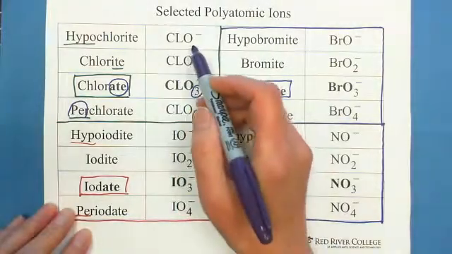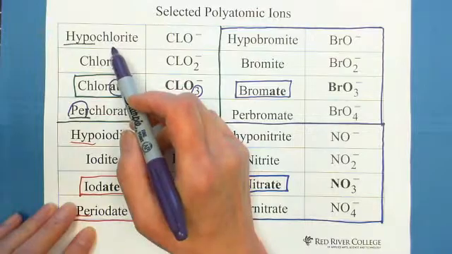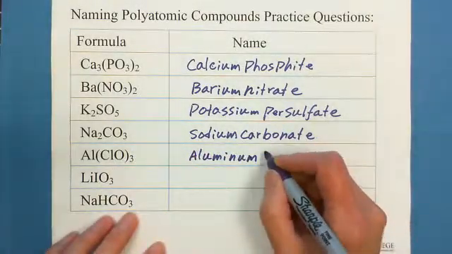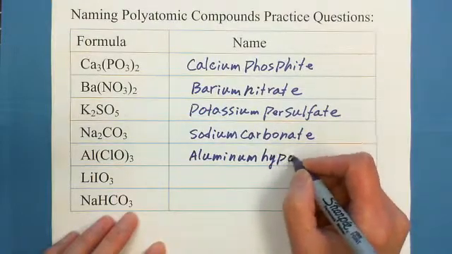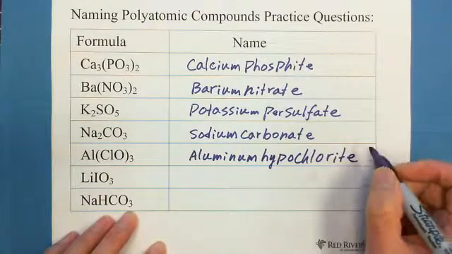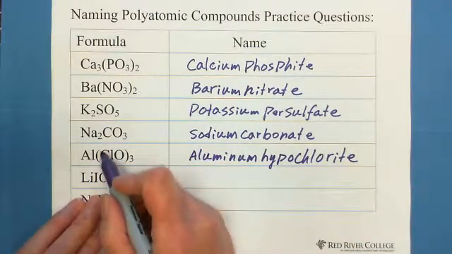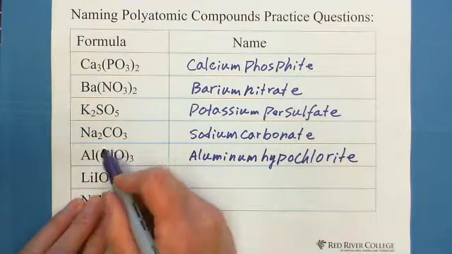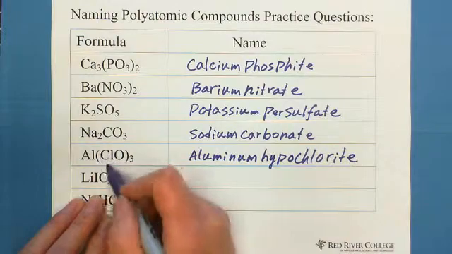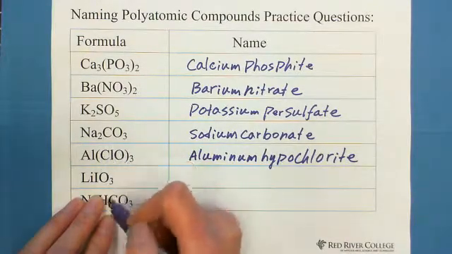Two less than ATE is hypochlorite. So ClO is hypochlorite. Be careful of this 3. This 3 is outside the bracket. It's not part of the polyatomic ion formula. The polyatomic ion is ClO.